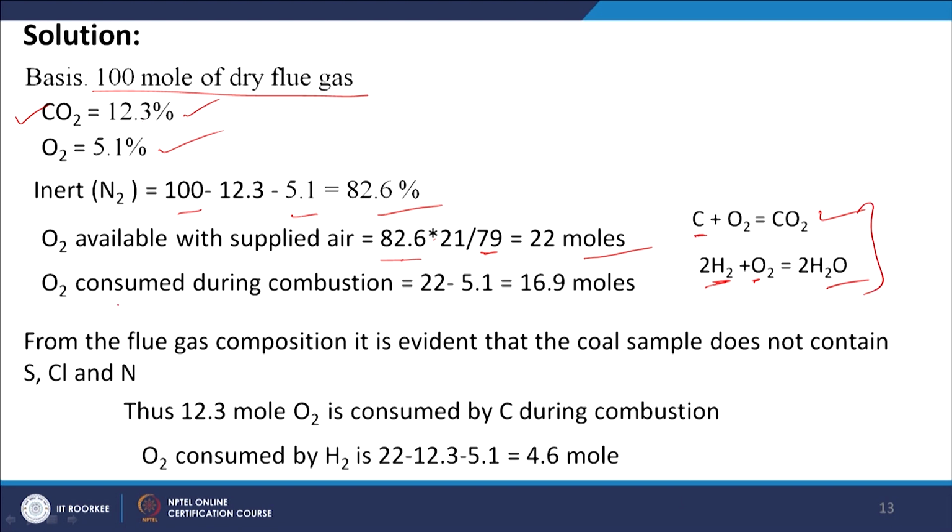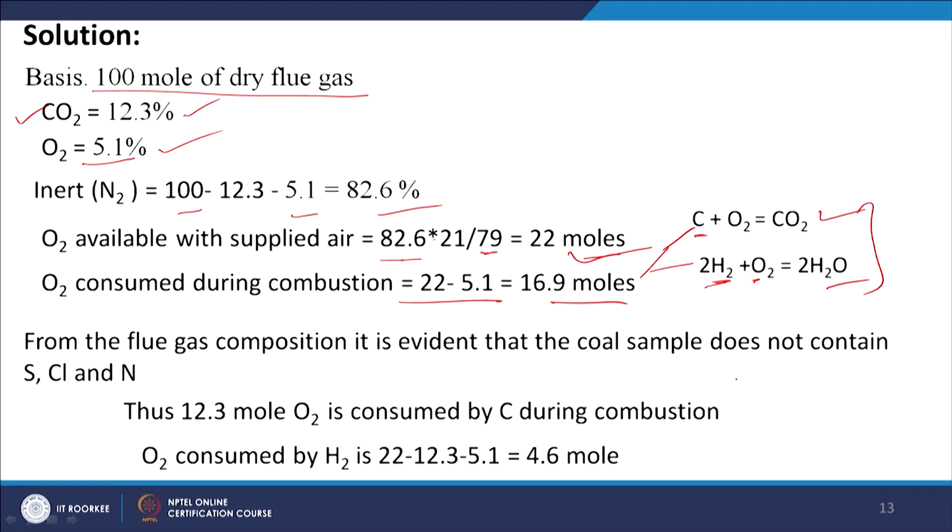So, oxygen consumed during combustion equals how much, we had 22 moles and now we are having 5.1 moles. So, this difference, the 16.9 moles was used during combustion through these two reactions. Two types of reactions took place.